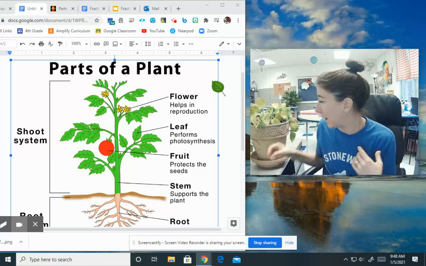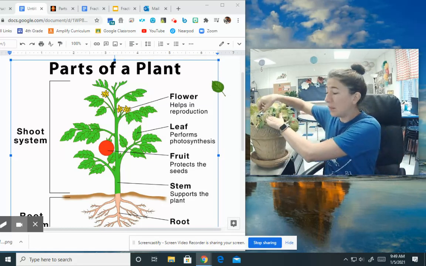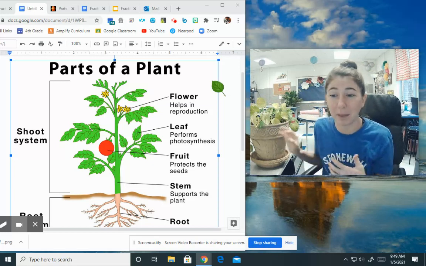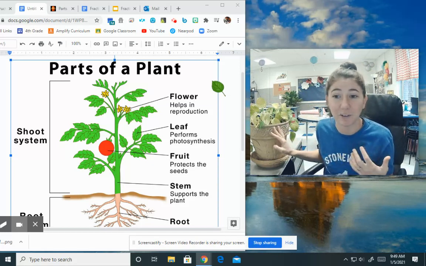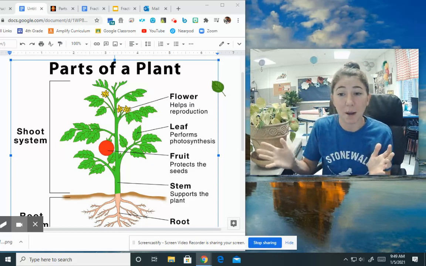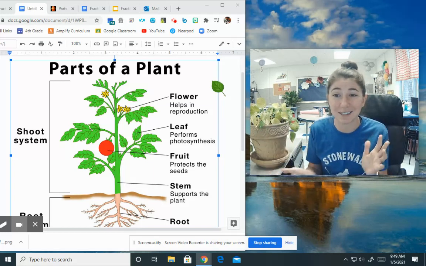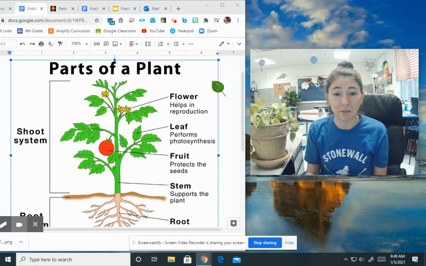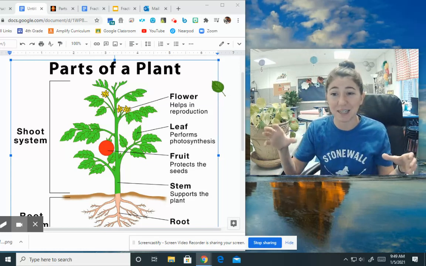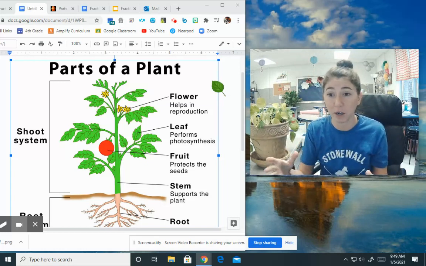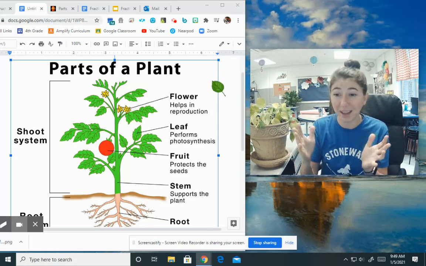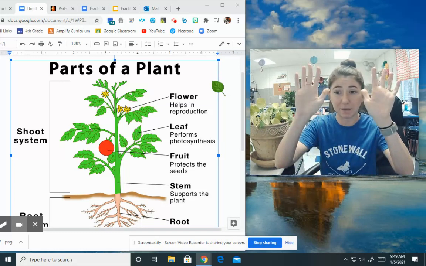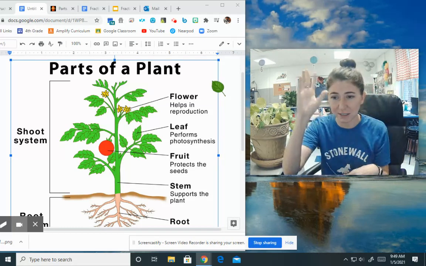The main reason that plants have stems, the main function, is for the nutrients to travel from the roots all the way to the leaves. So the function of the stem is to help transport the nutrients from the roots to the leaves. It's like the transportation system.